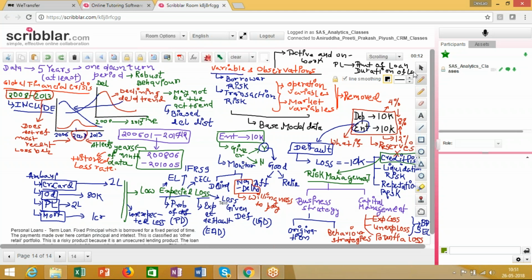So these are the principal characteristics of the loan: one is the amount, the other is the duration, and the third is the price of the loan, that is the interest rate charged on the loan. These are the three broad characteristics on which the riskiness of a personal loan is based.